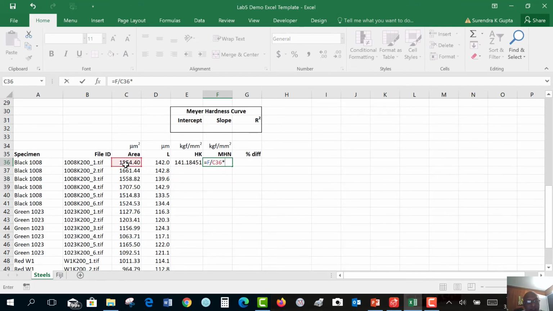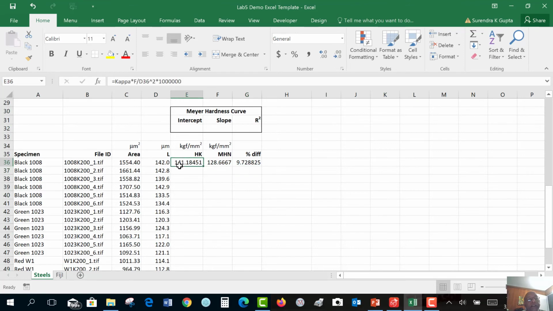Again, this is in millimeter squared. This is in micron squared converted to millimeters. Percent difference, we are going to take Knoop hardness divided by Meyer hardness minus 1 times 100.